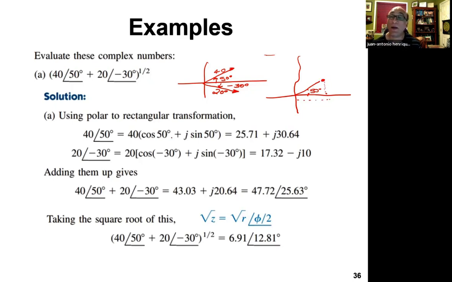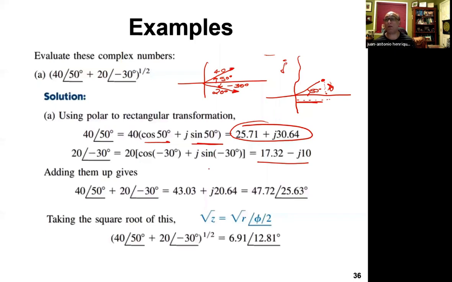So for 50 degrees, the x component is cosine of 50, and the y component, because that direction is the imaginary axis, is sine of 50. That's how we get those numbers. So it's 40 times the x component and 40 times the y component, and that gives us this number. Same thing here: if we apply the same rule, it'll be cosine of minus 30 for the real part and sine of minus 30 for the imaginary part, multiplied by 20, which gives us this.